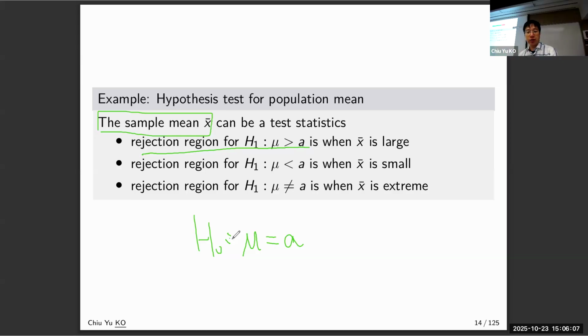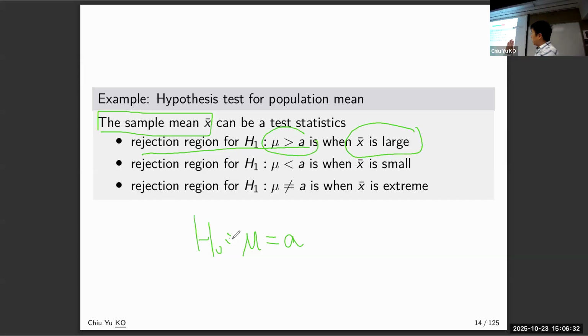You want to see if it's more than A. You want to test whether the guy is honest or not, right? And how can you test it? You would say, okay, if I look at a sample of your food product, if the average is large enough, then you will reject it, right? You're in favor of this alternative, right?